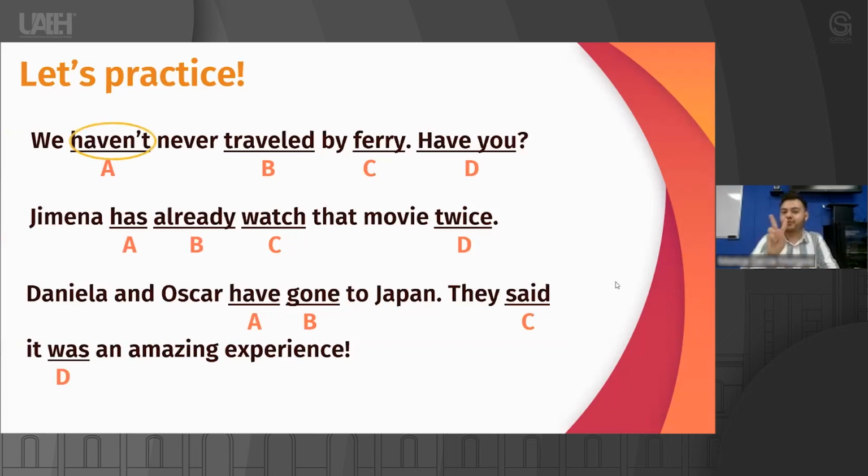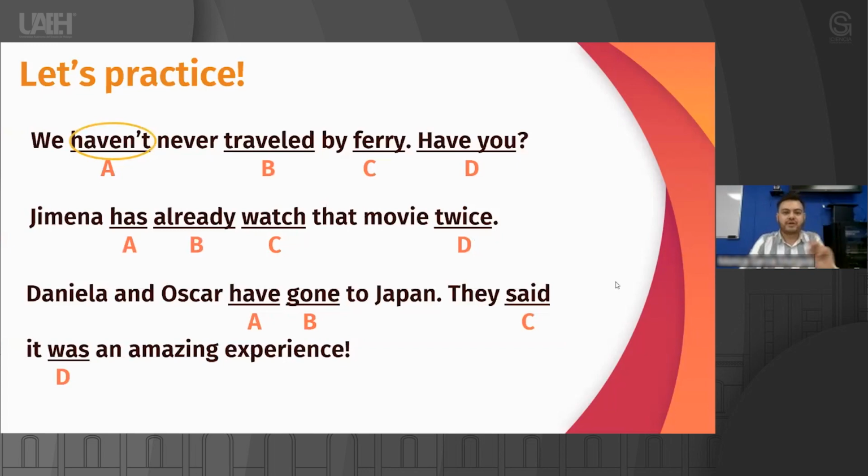We cannot have double negation. So we cannot have two negatives in this case. No, we cannot say haven't and never. So we would prefer have, like we have never. Since never is negative, then we say positive.